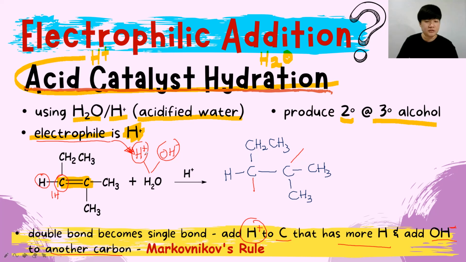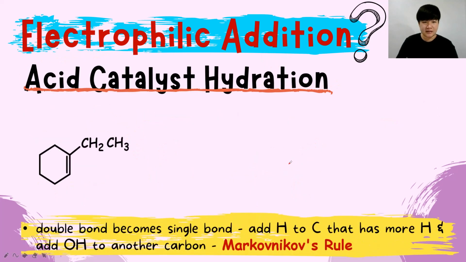The H+ will be added to the carbon that has more hydrogen. Vice versa, the OH- will be added to the other carbon in the double bond. And that's it. In this case, you're producing tertiary alcohol. Easy, simple. Let's try another example.